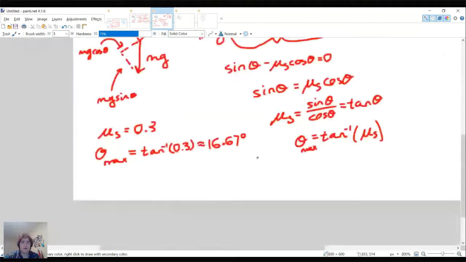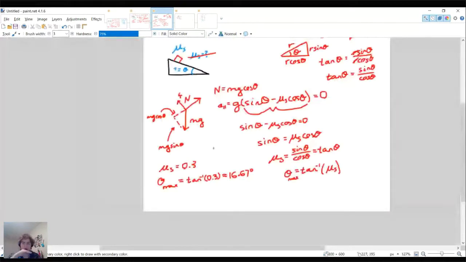That should make sense, right? That's a pretty small coefficient of static friction, so the angle shouldn't be that large. However, what this means is that if you have an infinite static coefficient of friction, you could swing it all the way up 90 degrees, because the arctangent of infinity is 90 degrees.